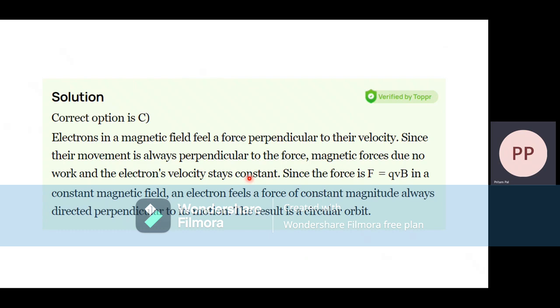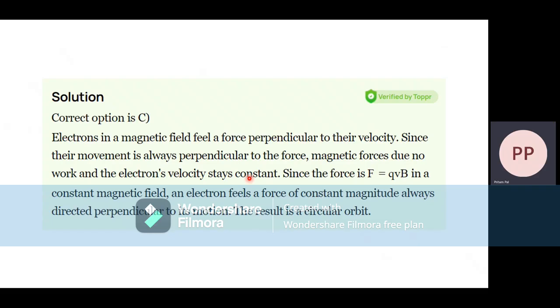That's v cross B, a cross product, so obviously it has to be perpendicular to both v and B. So basically the force is perpendicular to the plane where the velocity and magnetic field vectors lie.